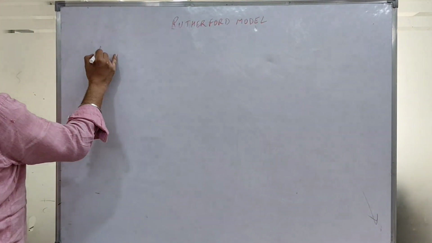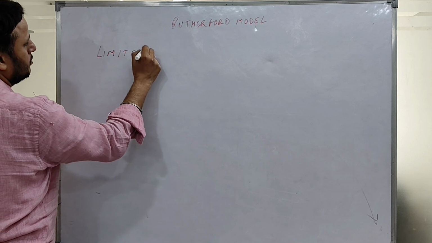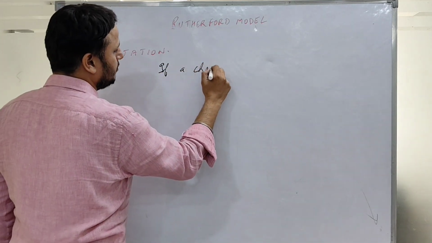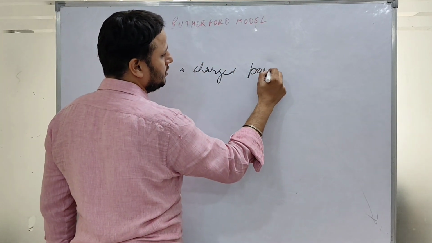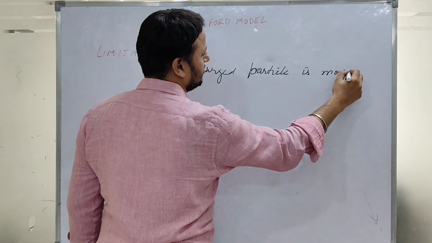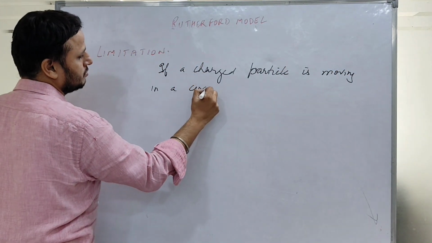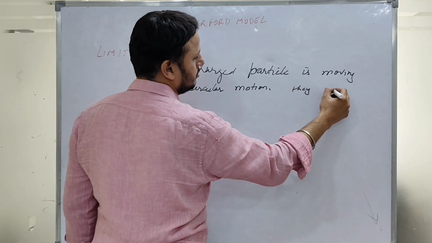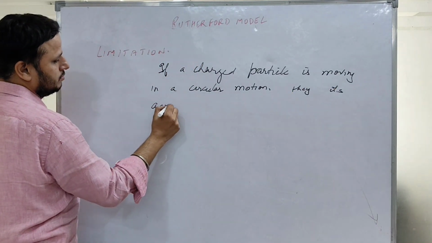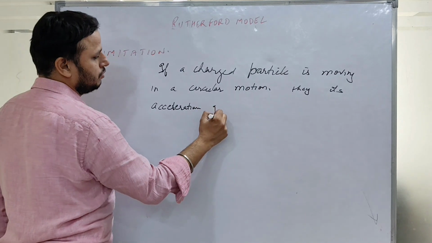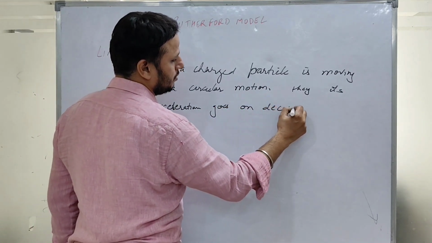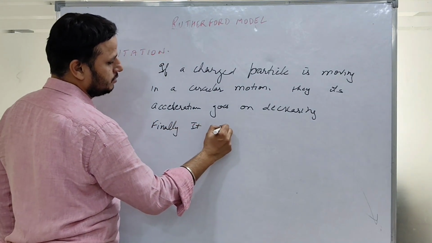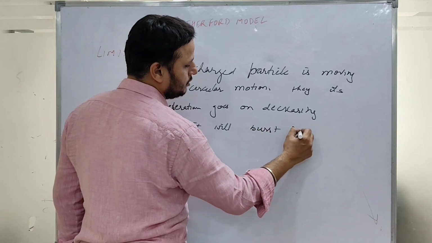The limitation is that if a charged particle is moving in a circular motion, then its acceleration goes on decreasing, and finally it will collide, it will burst into the nucleus.